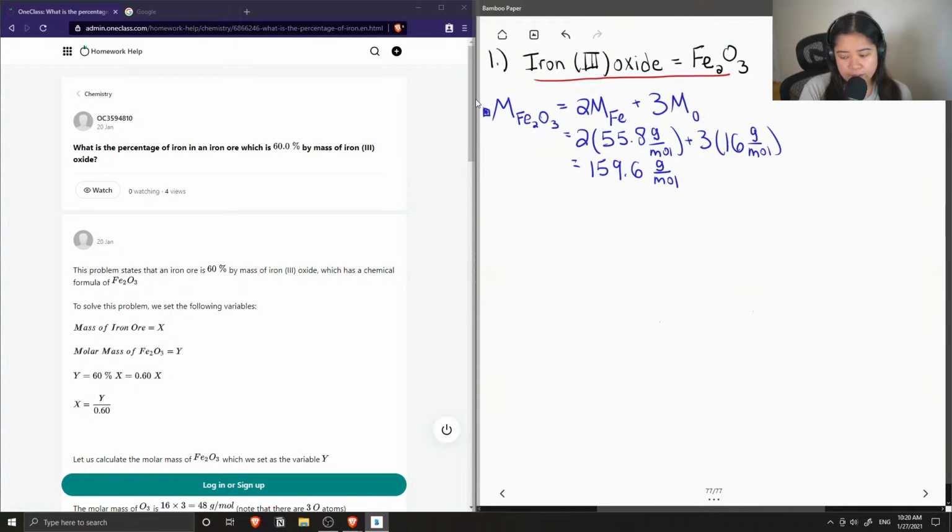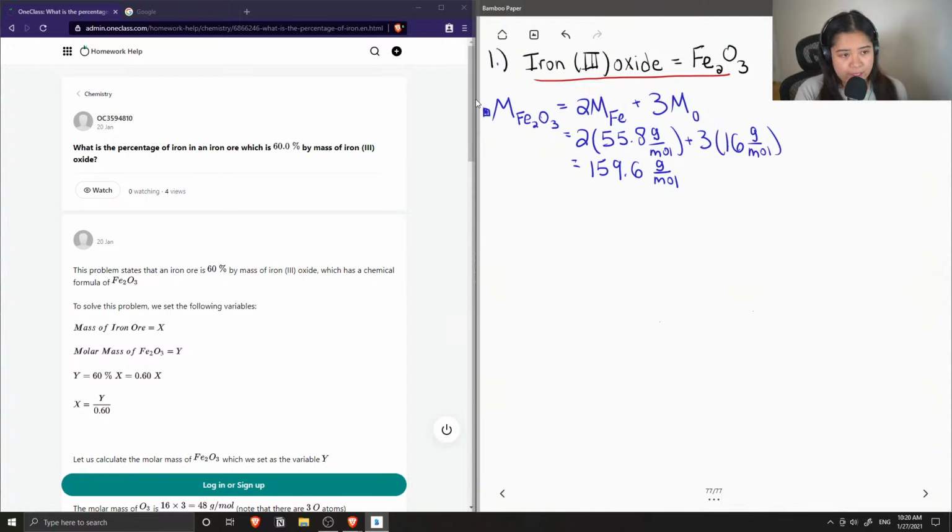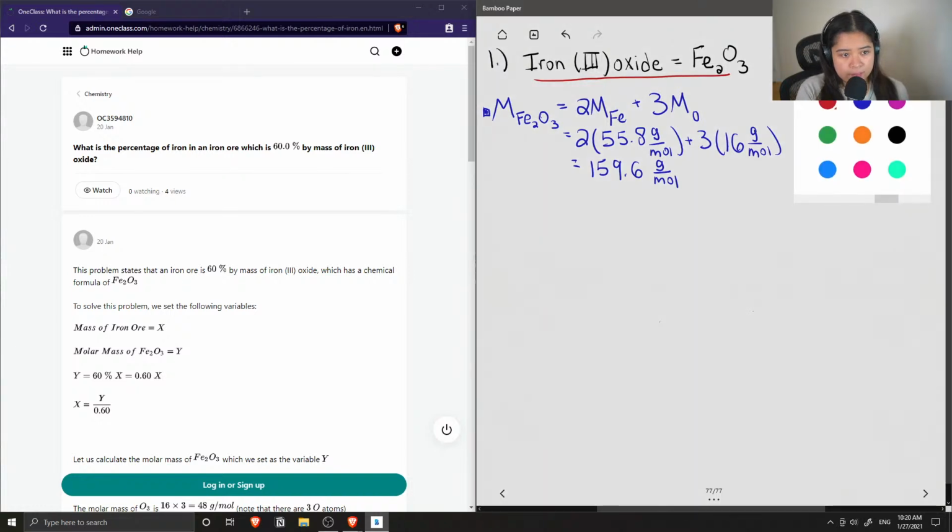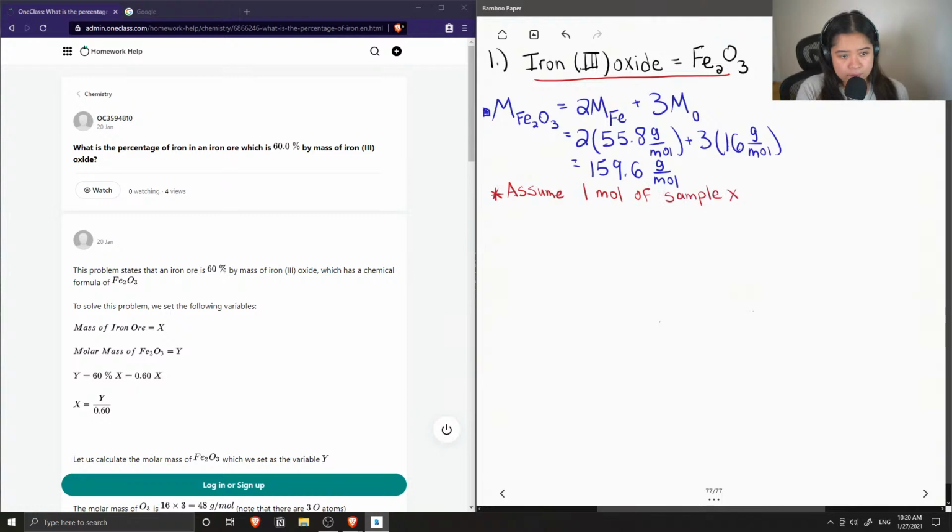Okay, so now that we know the molar mass of iron 3 oxide, let's assume we have 1 mole of sample, just so that we can compare everything in grams. So we know that 60% of the iron 3 oxide contains iron.